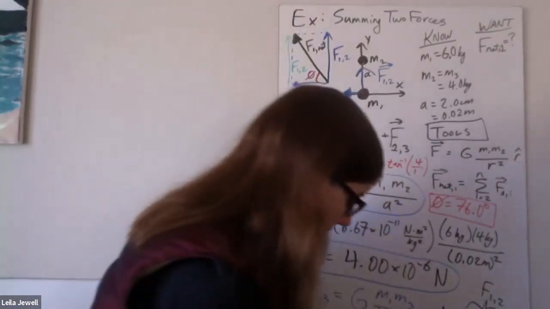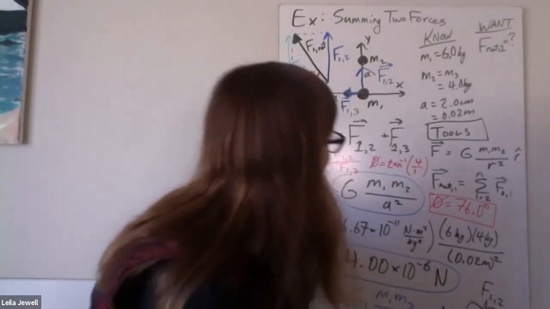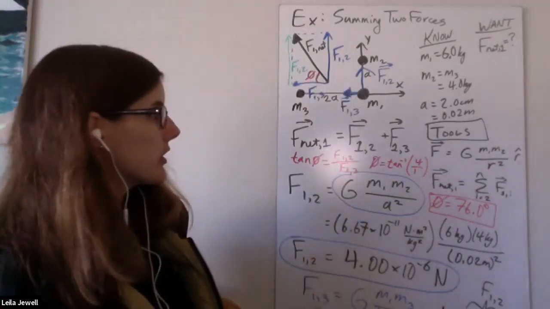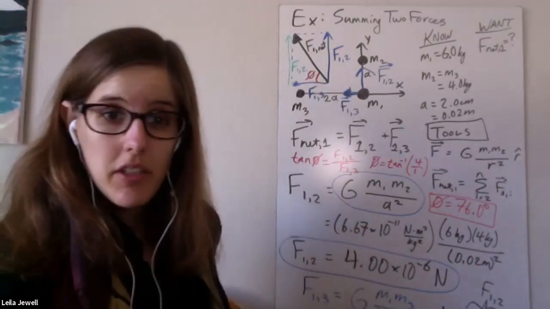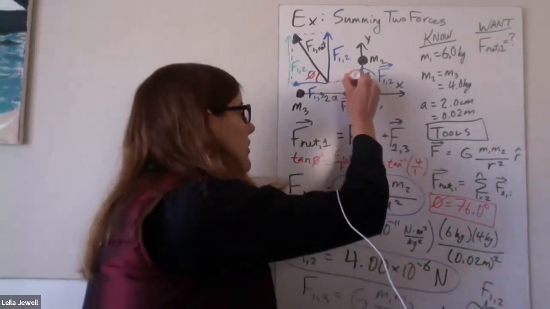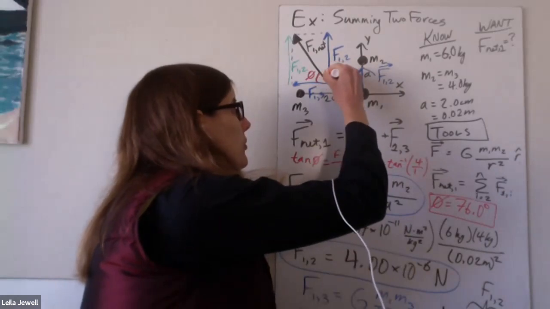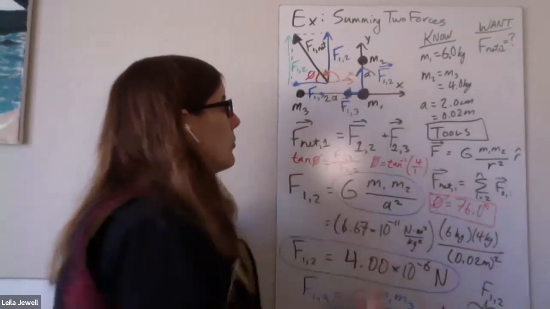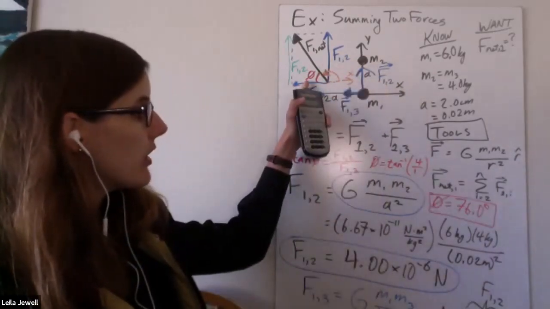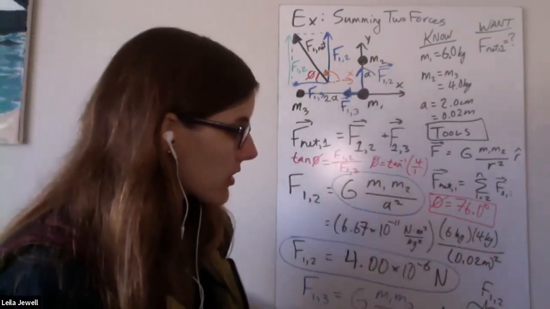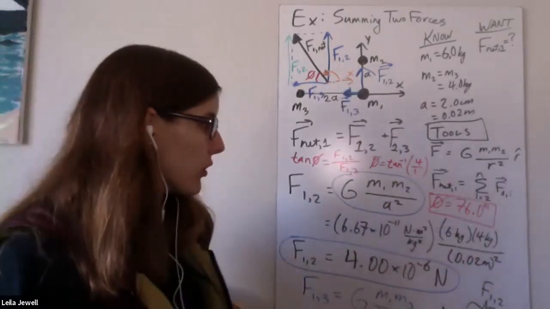You could also argue that it would be even better to specify the angle from the positive x-axis, right? If the positive x direction is over here, then the full proper angle would be 180 minus phi. So 180 minus 76, which would just be 104.